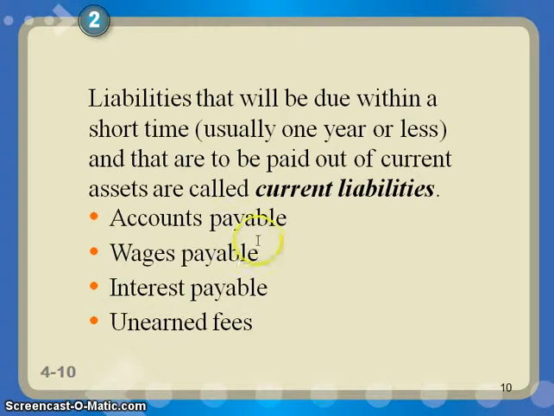Wages payable. I'm sure your employees want to get paid in less than a year. Interest payable. Any sort of payable that you would expect to get paid in a short-term fashion is going to be listed here. Unearned fees. You remember unearned revenue and unearned fees and all that stuff from Chapter 3? Well, that's usually when you're paid in advance of doing a service, right? Well, if somebody pays you in advance and you have this unearned revenue in your books, okay, so you got, let's say, $1,000 for lawn cutting services, and somebody gave you the money and expects you to cut their lawn for the next 4 months.